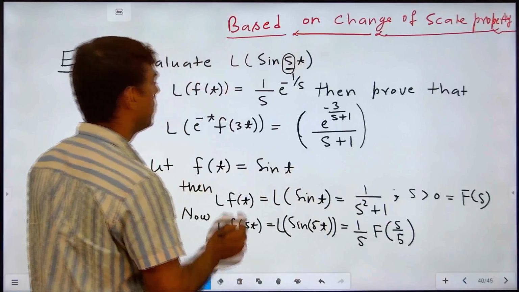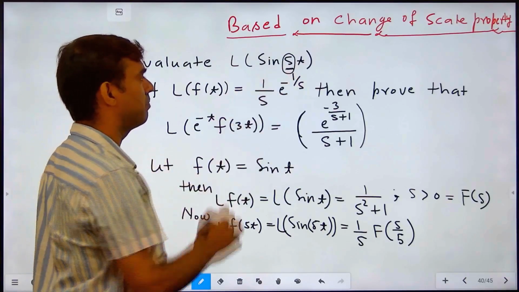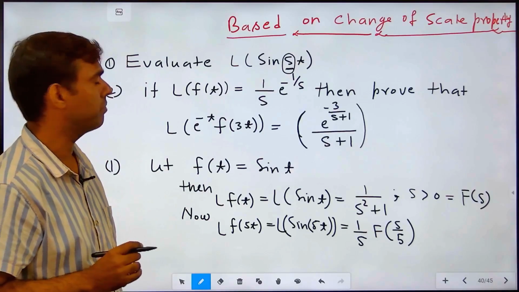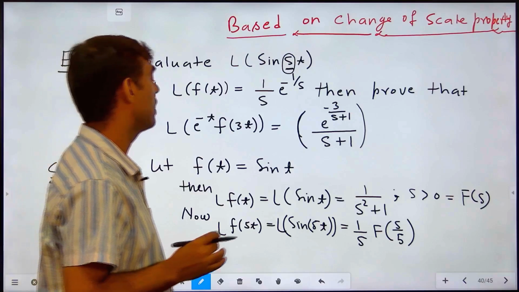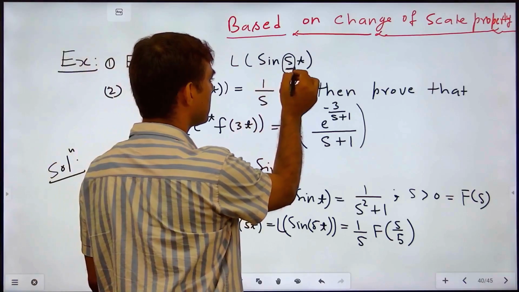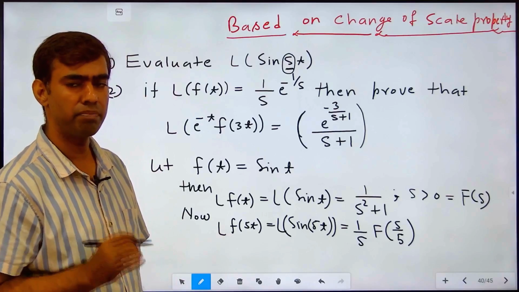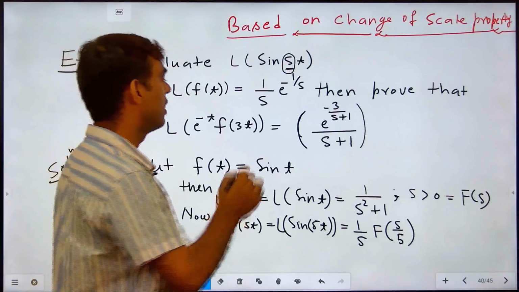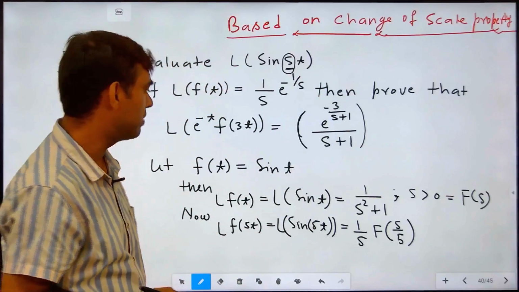We may also be able to directly find the Laplace transform of sin 5t using the elementary function, because this is sin at and the Laplace transform for sin at is a upon s square plus a square, and here a is 5, so 5 upon s square plus 25.